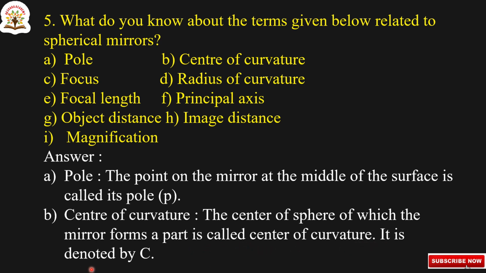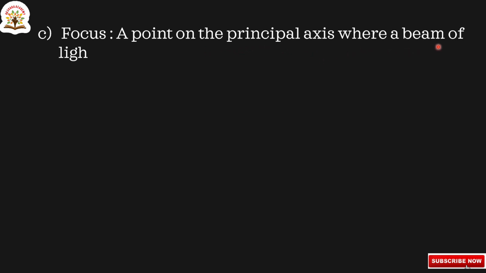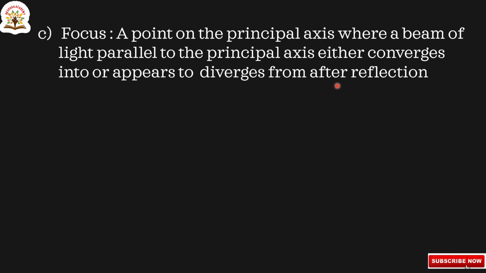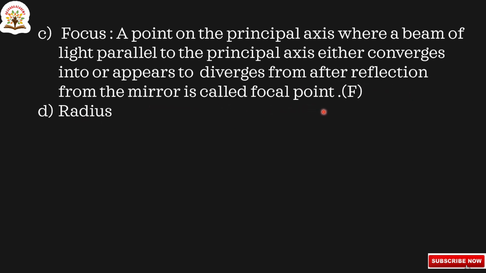It is denoted by letter C. Next, focus. A point on the principal axis where a beam of light parallel to the principal axis either converges into or appears to diverge from after reflection from the mirror is called focal point. It is denoted by letter F.